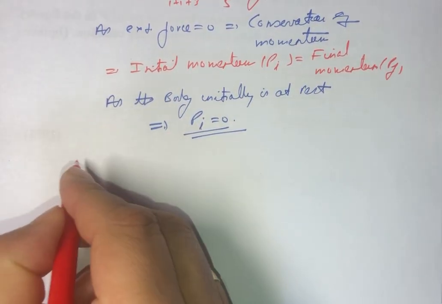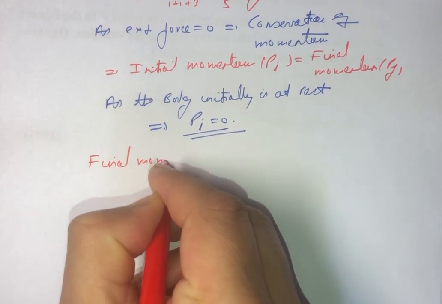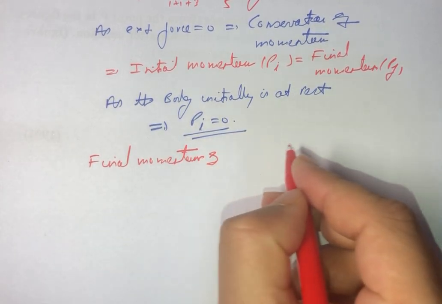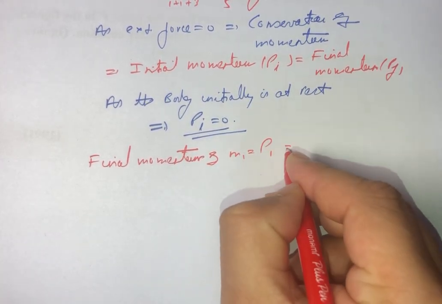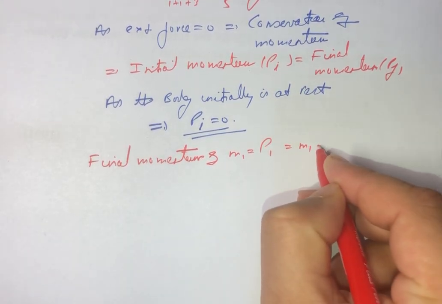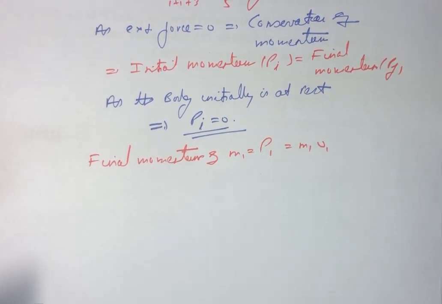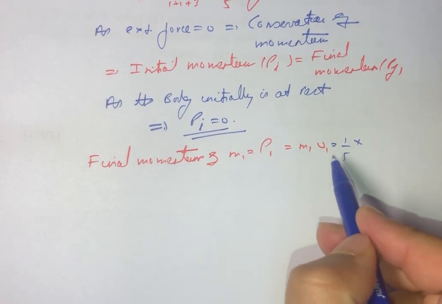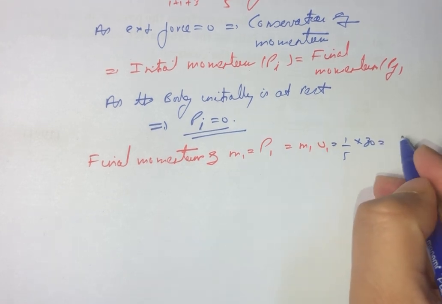The final momentum of m1, let it be p1, can be written as mass into velocity, that is m1 into v1. We know the mass is 1/5 and its velocity is 30, so this comes as 6.